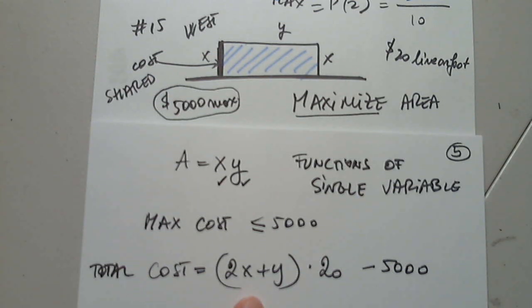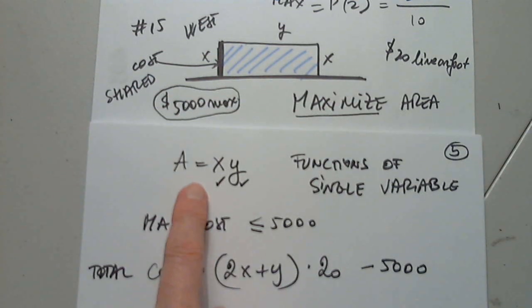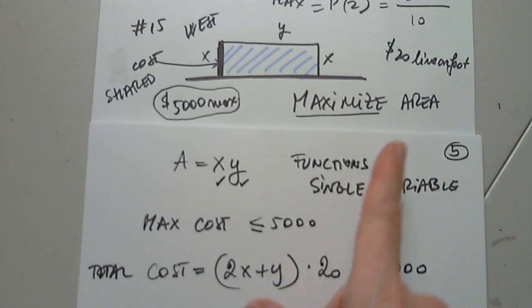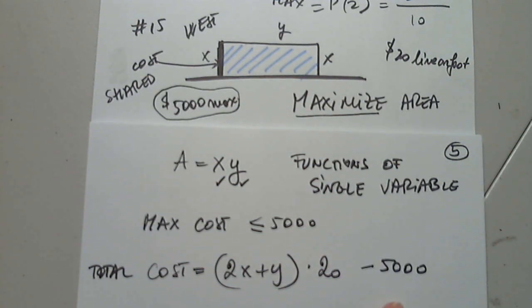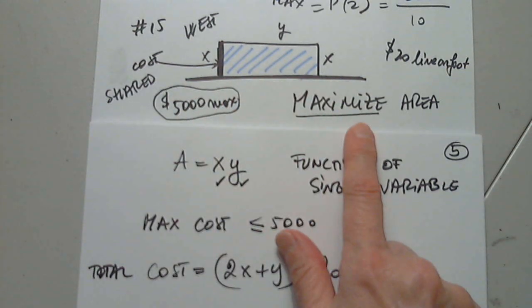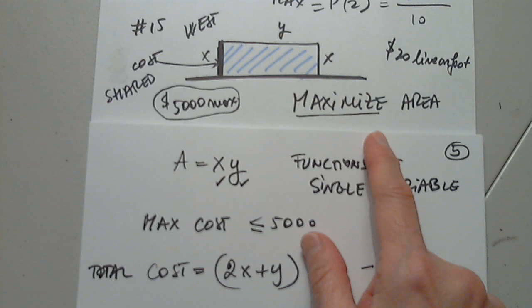Any suggestions? Because we are trying to maximize the area, having these restrictions. Any ideas? Can you ask that question again? Yes. So the problem is asking us to maximize the area.